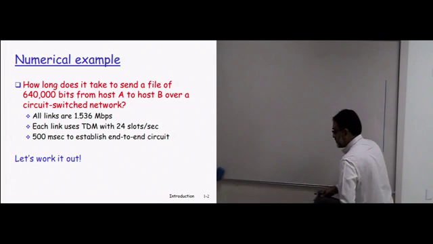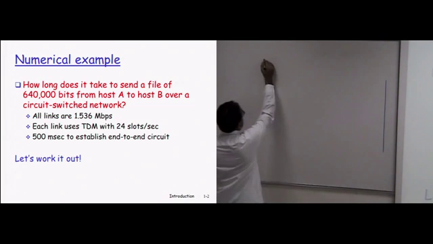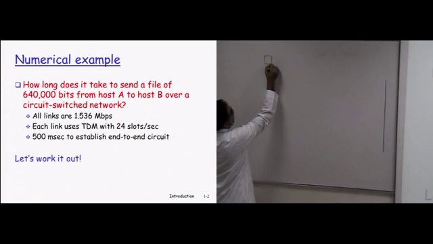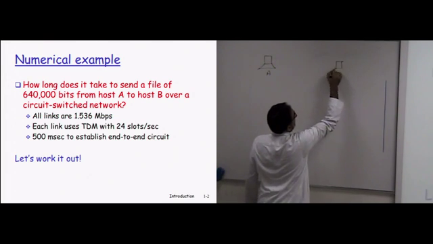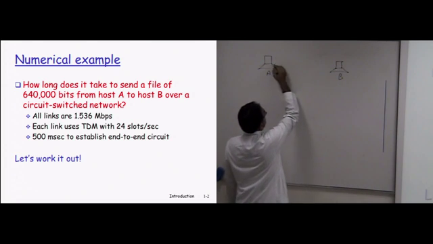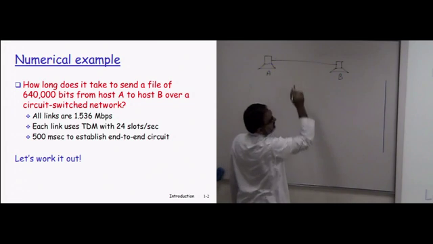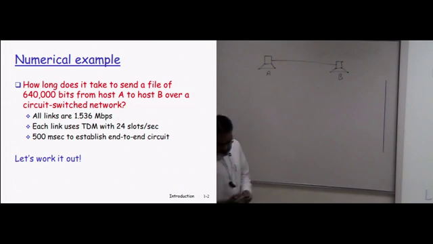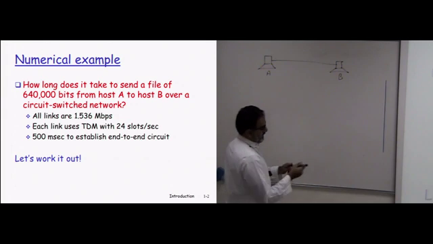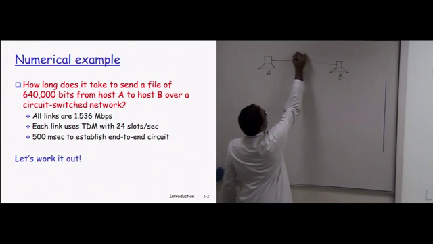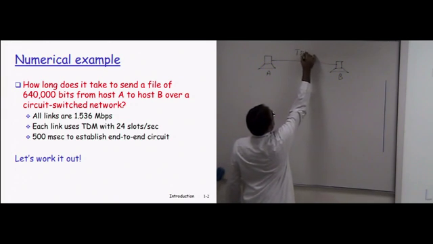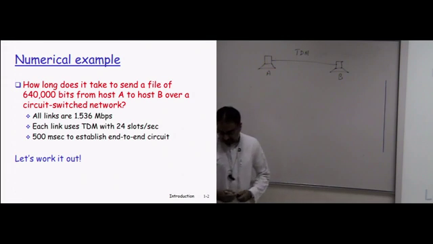You have two hosts here, host A and host B. Two computers are there. The link is a circuit switched network, and on this circuit switched network we are going to use TDM, time division multiplexing.